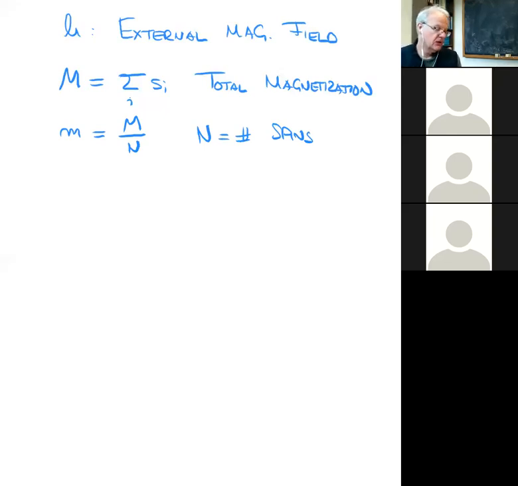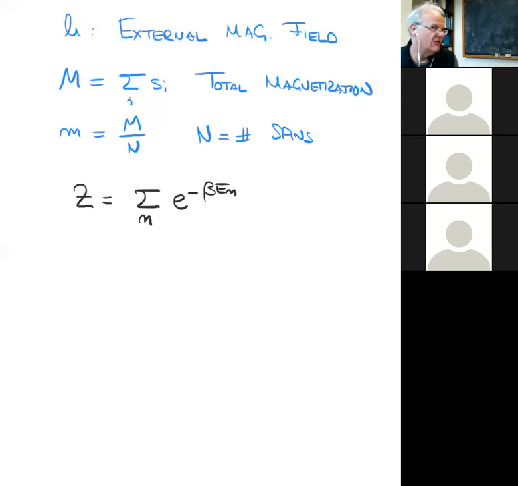So this model now really does define a partition function, the sum over all states. So if you try to define a partition function, what are all the possible states of the system?